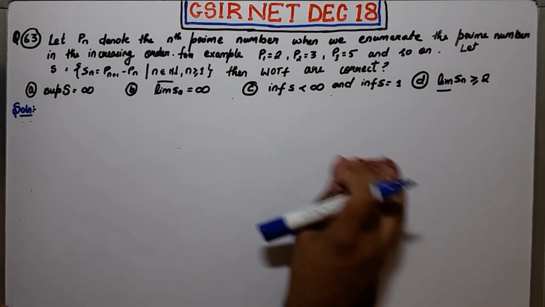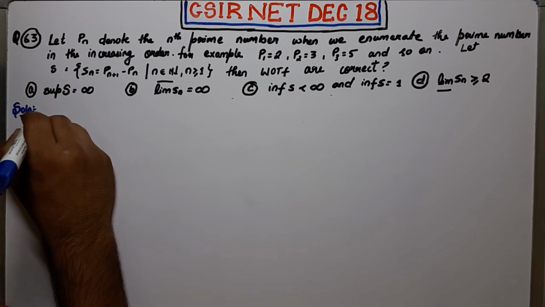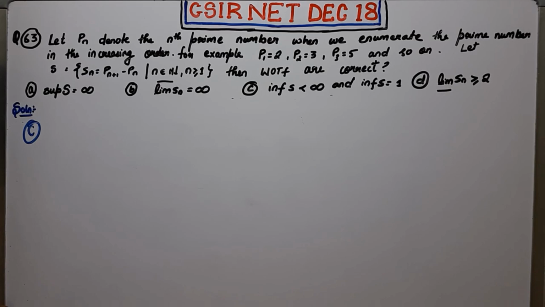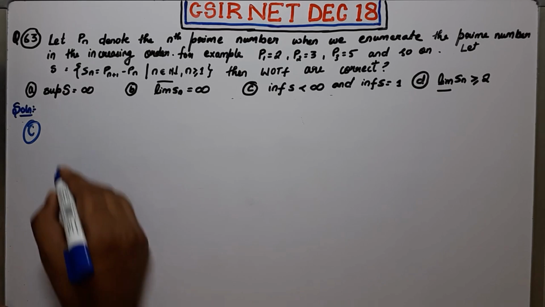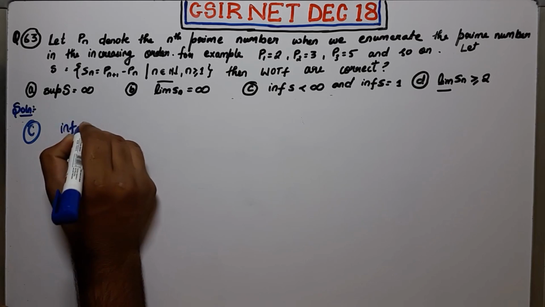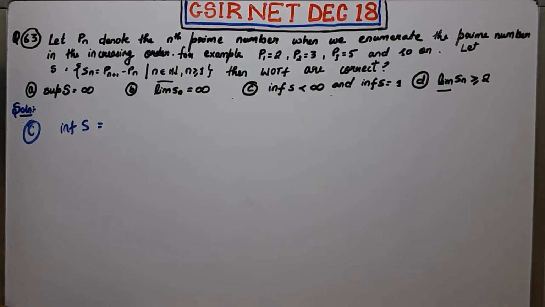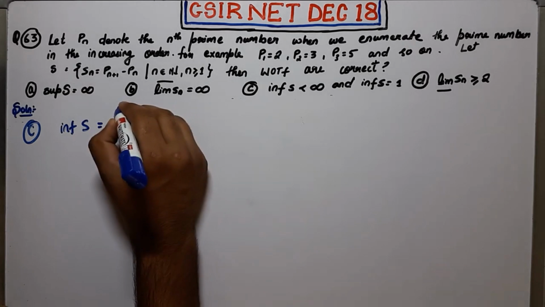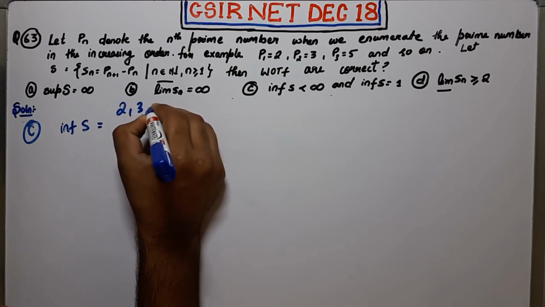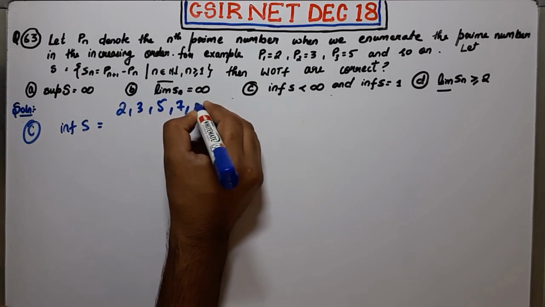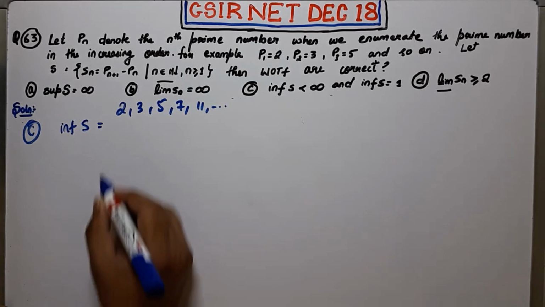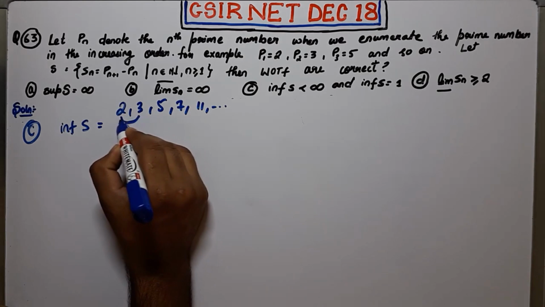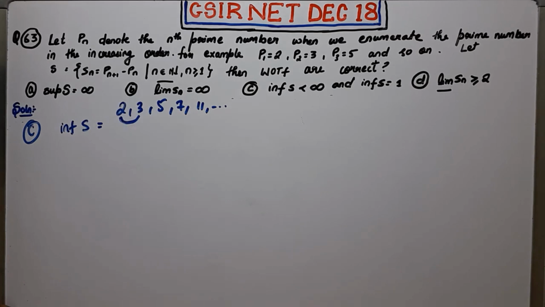Now what the C option is saying is that the infimum of S is 1. So you see, what will be the infimum? The infimum is the least number that is present in the set. So if you see the sequence of primes, you will find that these are the only two consecutive primes that have difference 1.